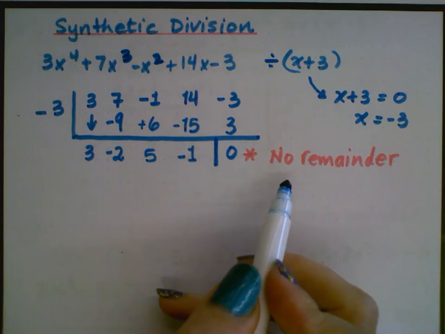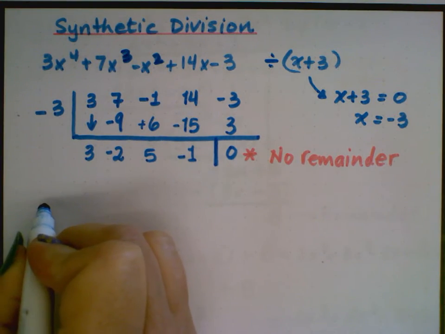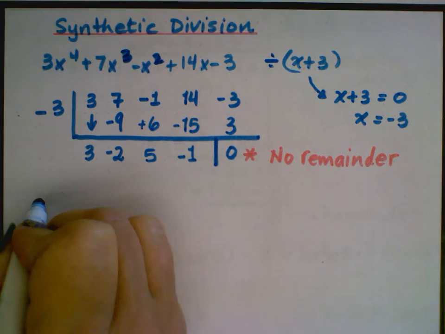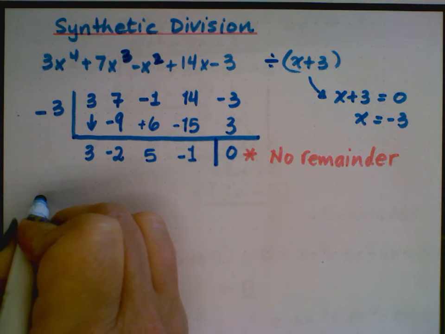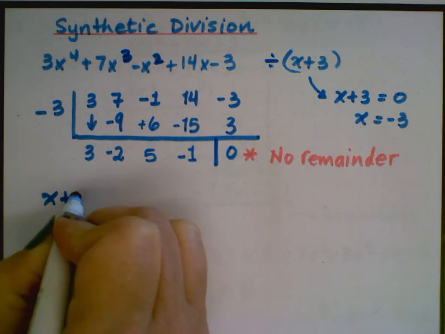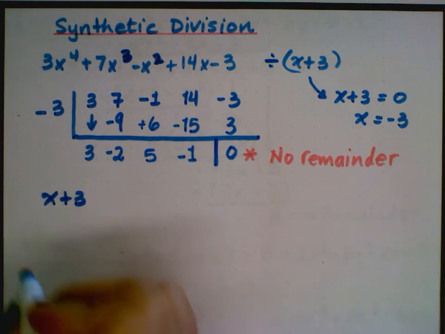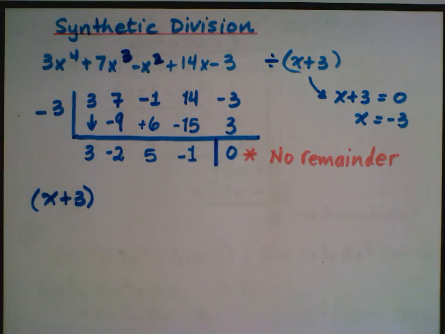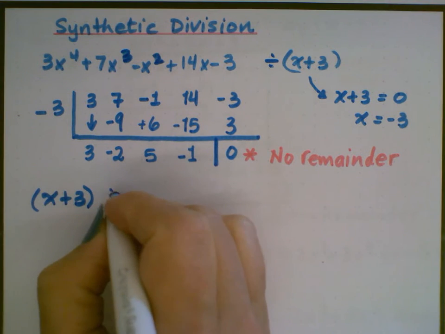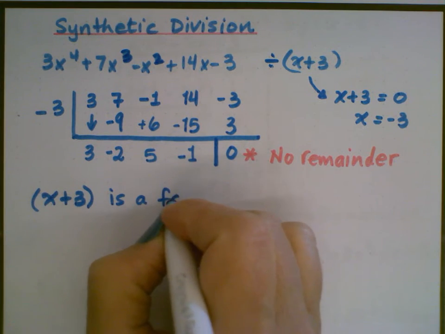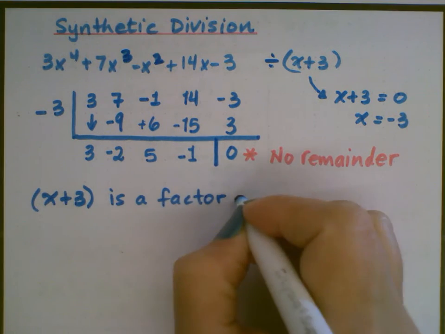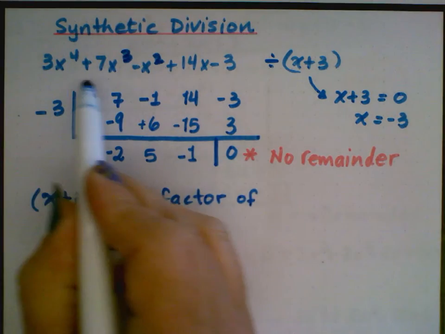So from that, I can write 2 different statements. I can say that my original binomial, which was x plus 3, is a factor of that polynomial.